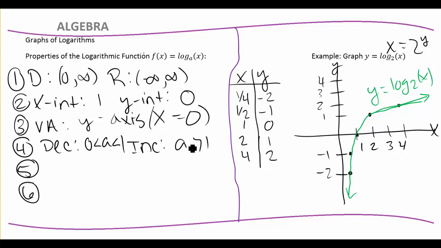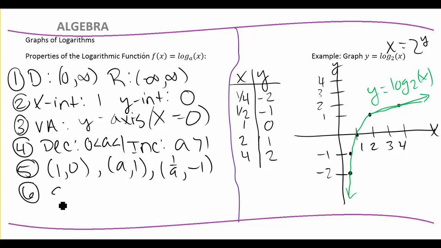So it's always increasing for our graph on the right because 2 is greater than 1. Number 5, the graph contains the points 1, 0, and a, 1, and 1 over a, negative 1. And we saw that in the graph we had before. And then finally, number 6, the graph is smooth and continuous.